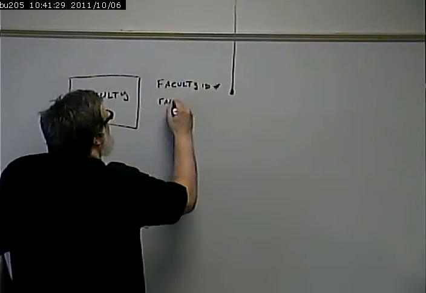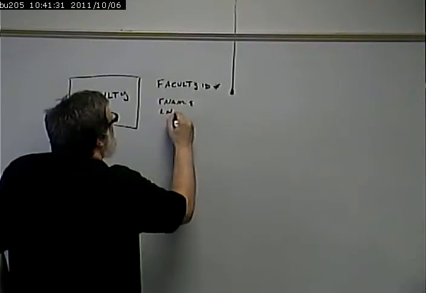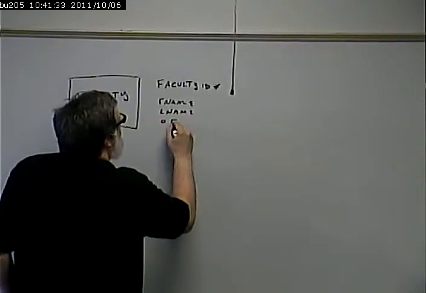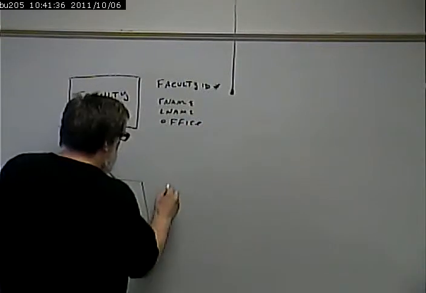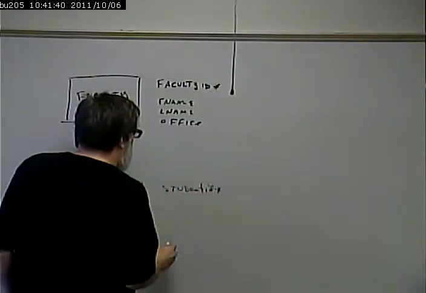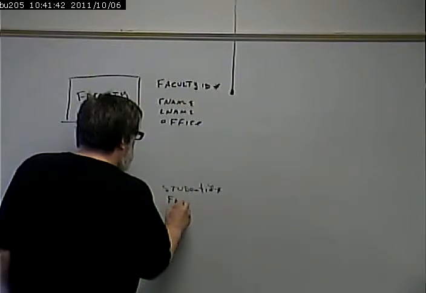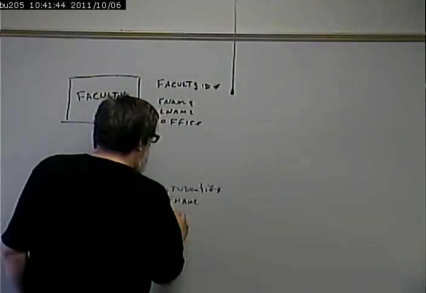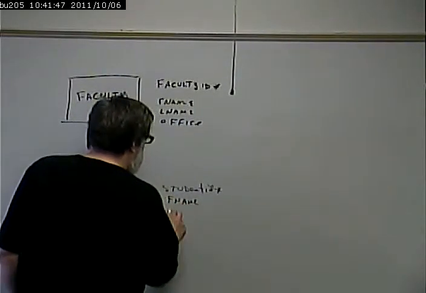So, if I have in here faculty ID, faculty first name, last name, and office, and in this table I have student ID as a primary key, student first name, student last name.